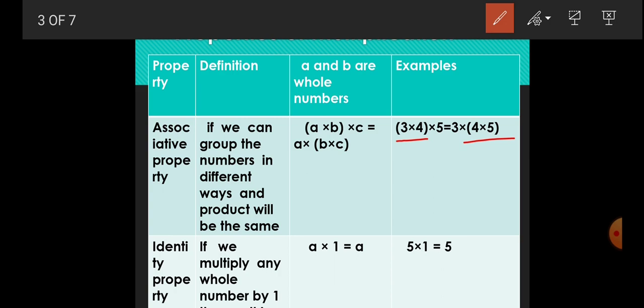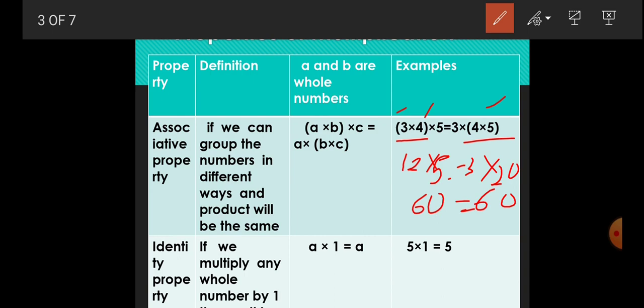On the left hand side we group the first two numbers and on the right hand side we group the last two numbers. 3 multiplied by 4, 12 multiplied by 5, and now 4 5s are 20. 60 equal to 60. So students, our answer remains same.